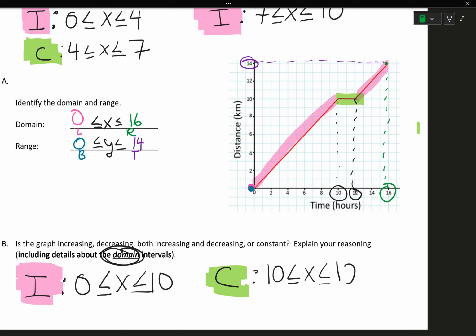At 12. The last interval is increasing one more time. Let's put it down there. We start increasing at 12 where we finished being constant. And we're done increasing at 16.